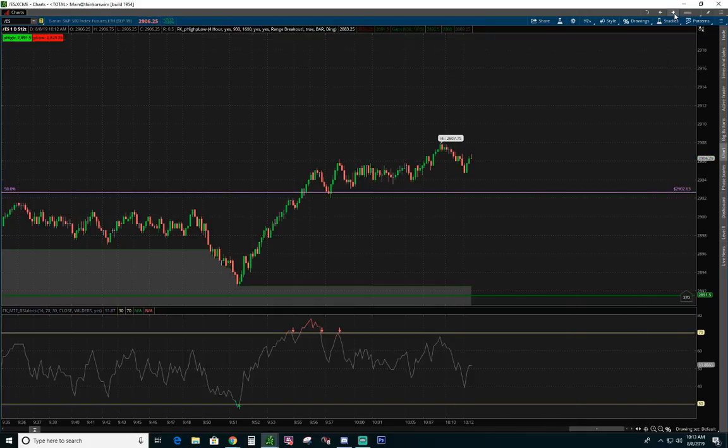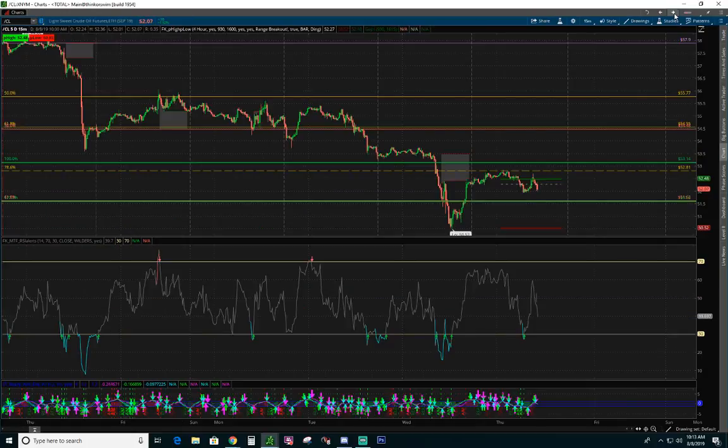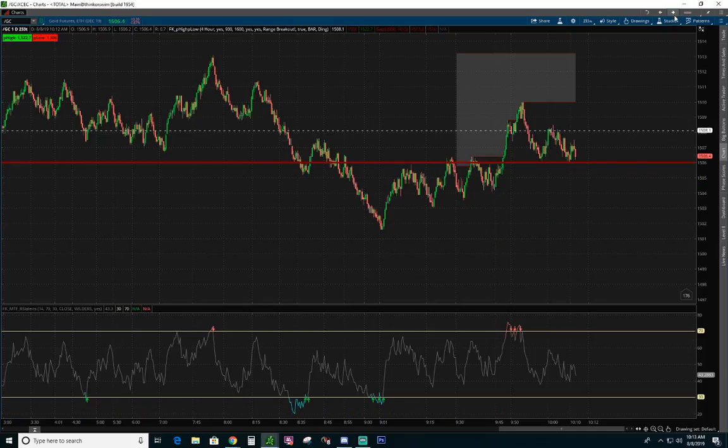So again, I'm going to just let this ride. Risk is out at the 2911 level. See, here's the gold. I just can't. I'm not long. I can't be long that.